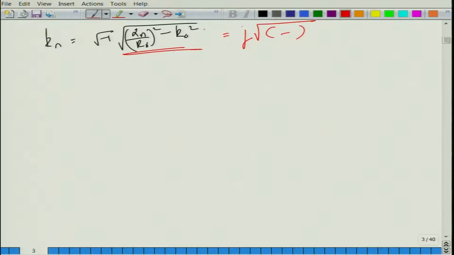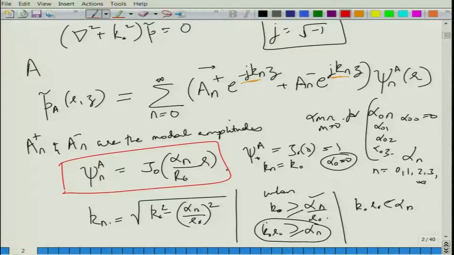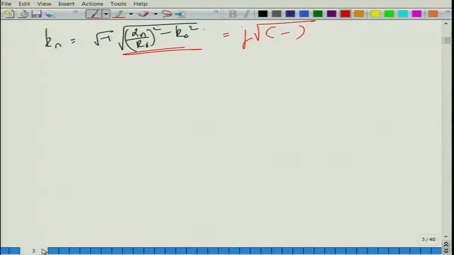So, why am I telling you this? Because here you will have your purely real part, which is actually exponentially decaying or exponentially growing. So, depending upon the convention that we follow, if we consider root over minus 1 as j, we can also consider minus j depending upon what we want.